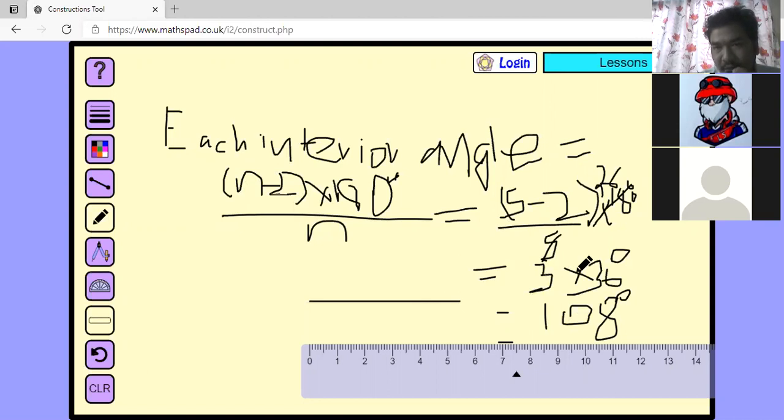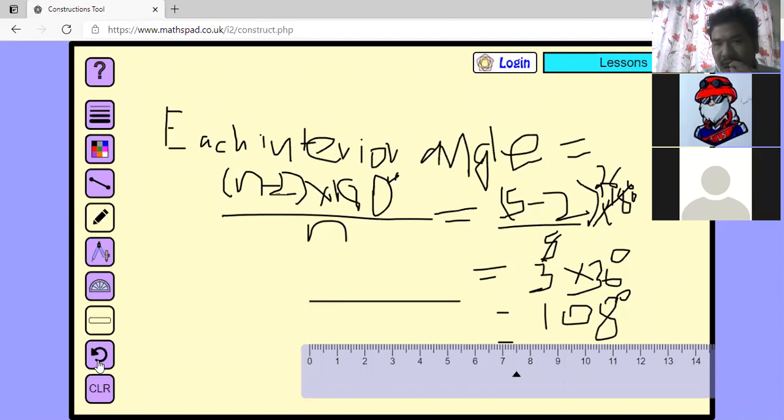Have you noted this all? I hope everybody has done it. Yes, sir. I am going to rub this now. Can you find each interior angle of a regular polygon like this, the pentagon one? Yes, sir. Okay, now I am rubbing out all these findings.